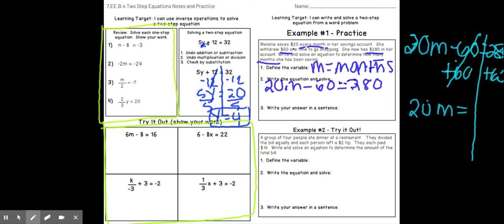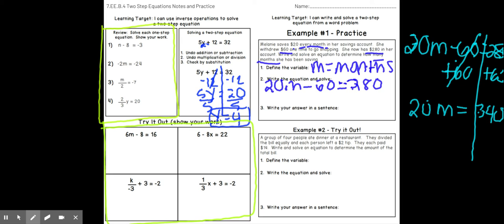So I want you to take a pause, and I want you to do, what is 280 plus 60? Did you get it? It is 340. So on this side, I'm going to put my 340.